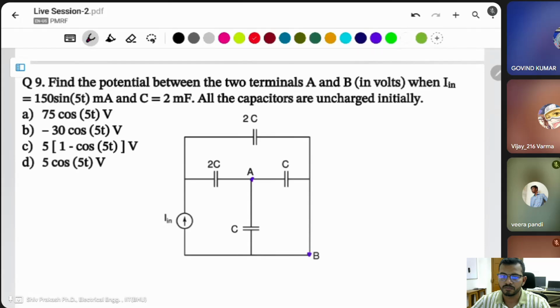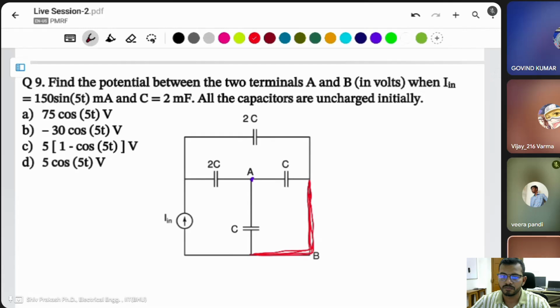This is a simple question, but given in this notation and this diagram, it makes some confusion, because these are the same point. Can you observe this one?